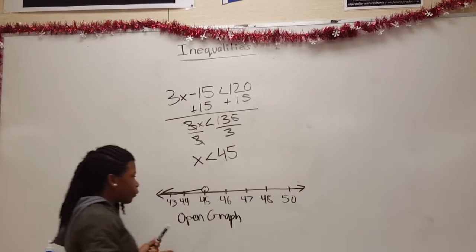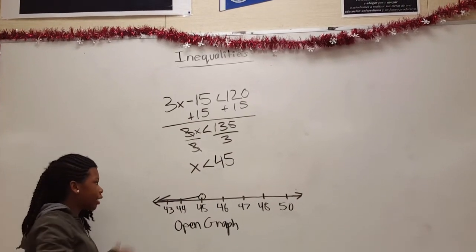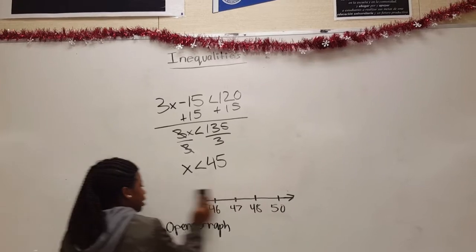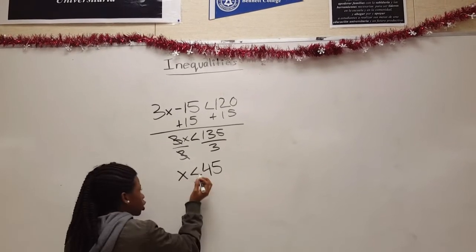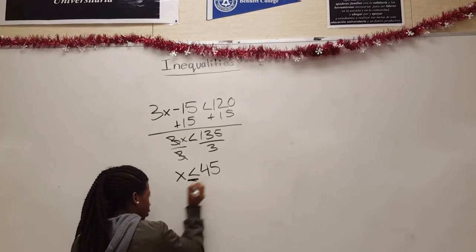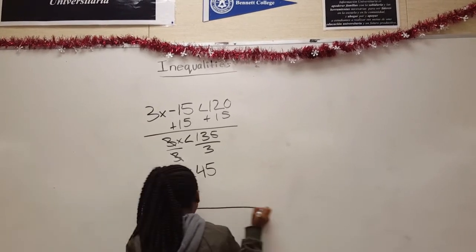Now this is just one of the ways to graph an inequality like this one. Let's say we had x is less than or equal to 45. We would still graph the same thing.